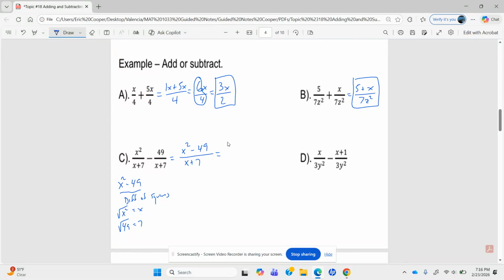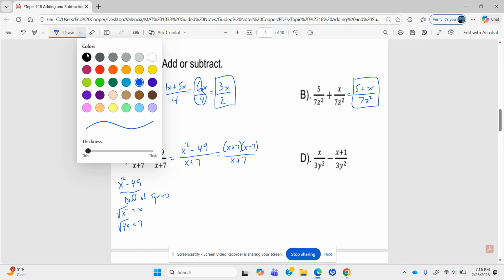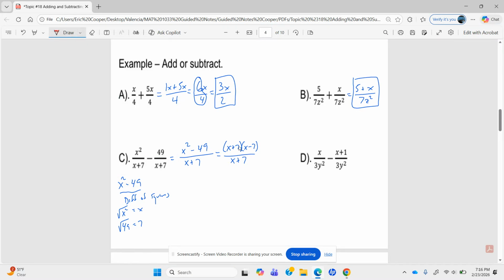That means the top here becomes x plus 7, x minus 7, with our x plus 7 still on the bottom. This is important now, because now we have things on the top and the bottom that will cancel. So these will cancel and simplify, and the only thing we'll have left is the x minus 7, which is our final answer. So even when we go through and add or subtract, we have to make sure and see if we can simplify at the end to get our final answer.